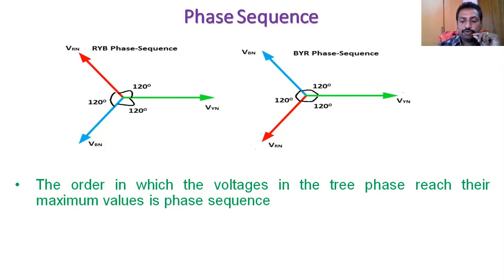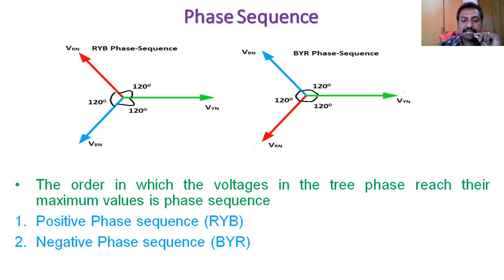There are two phase sequences available: positive phase sequence and negative phase sequence. In positive phase sequence, the R phasor magnitude first reaches the maximum value. After 120 degrees, the Y phasor reaches the maximum value. After 120 degrees, the B phasor reaches the maximum value. In such a way, this representation is called the positive phase sequence, RYB phase sequence.